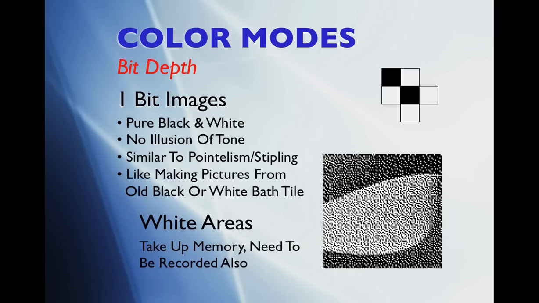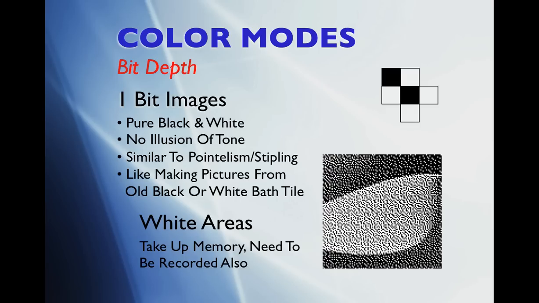And the most basic kind, as I really just mentioned, is what's considered a 1-bit image. And in the main menu in Photoshop, we drop down to color modes, and we have a handful of different modes, and the first one is what's called bitmapped.